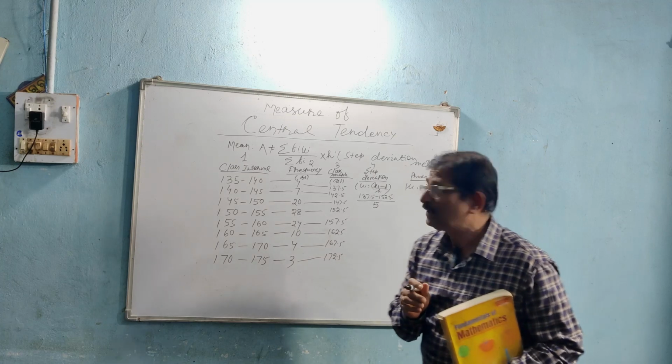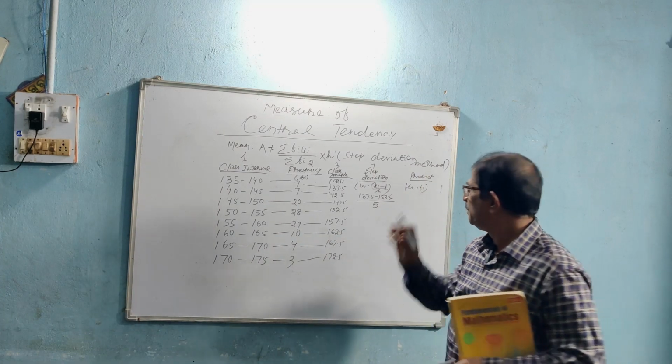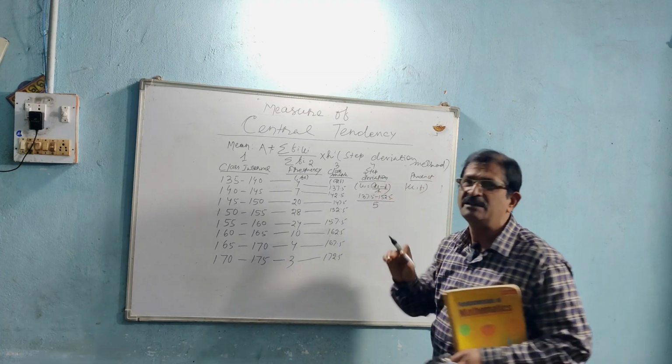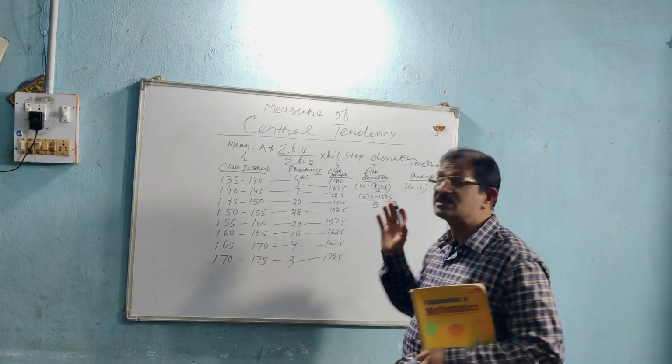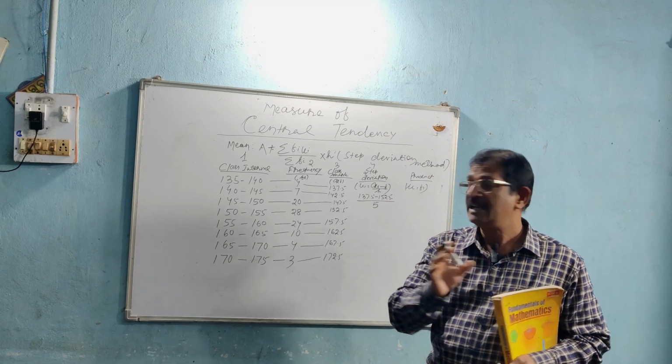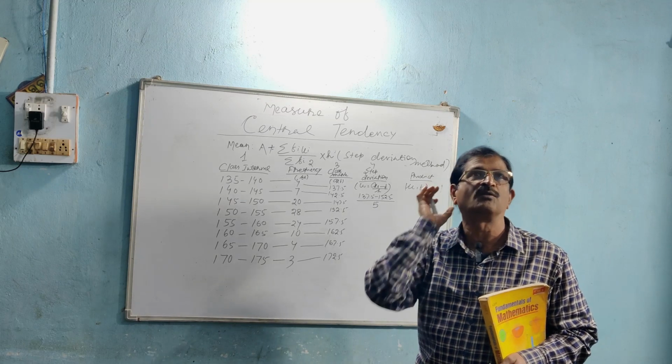You may ask me, sir, from where has that 5 come? Simply I am telling you, before that you have to go for a rough work and find out which common divisor can be taken. Here the differences are coming as multiples of 5.